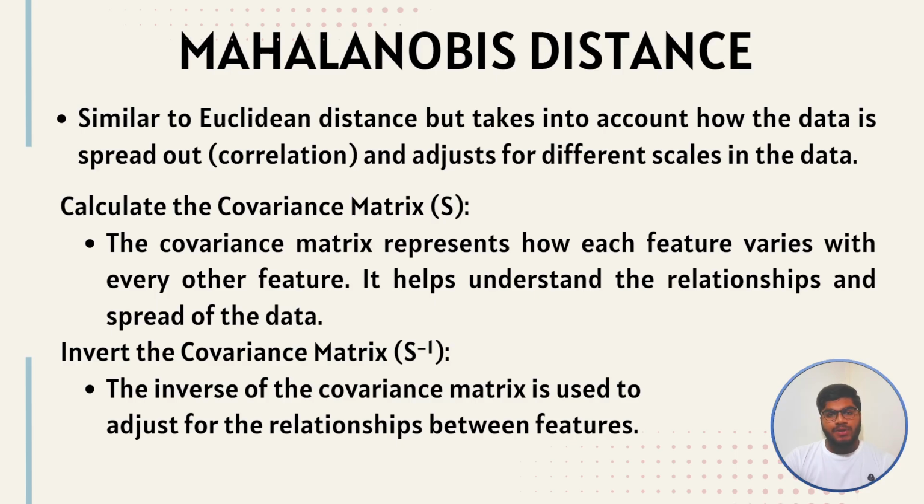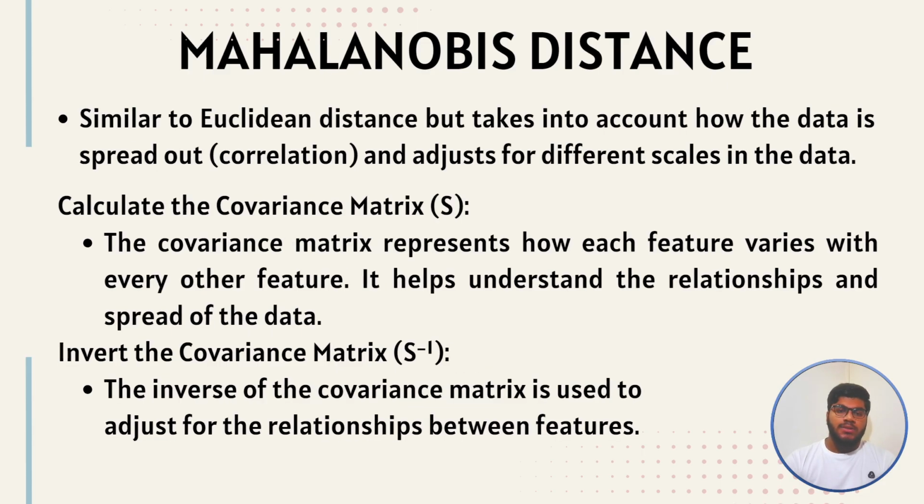The main steps used in the Mahalanobis distance are, first, the calculation of the covariance matrix, and then we invert the covariance matrix. In the calculation part, the covariance matrix represents how each feature varies with every other feature. It helps understand the relationships and the spread of the data. And in the inversion of the covariance matrix, the inverse of the covariance matrix is used to adjust for the relationship between the features. So this is about the Mahalanobis distance.